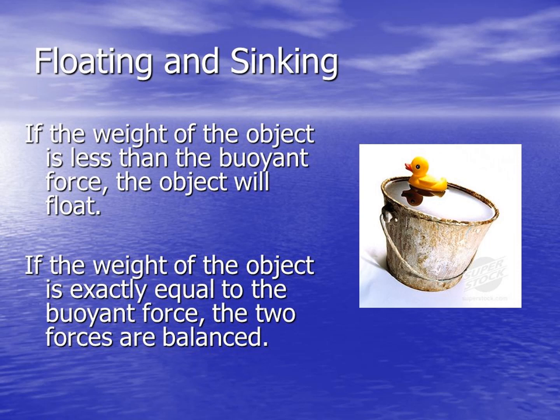For example, a piece of wood, which is less dense than water, will float on it. Any substance having more density than water, for example a stone, will sink into it.